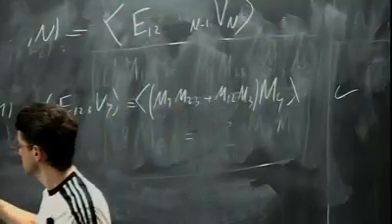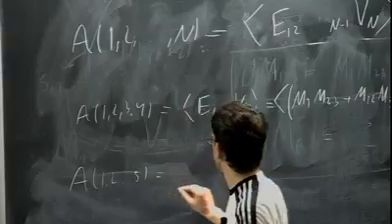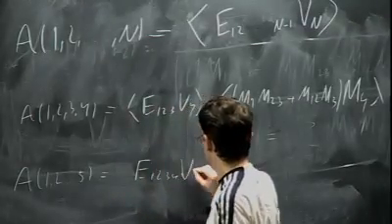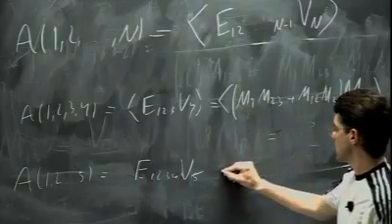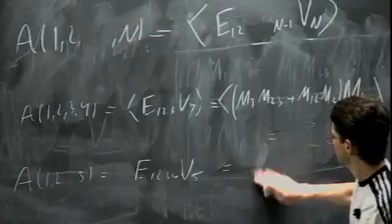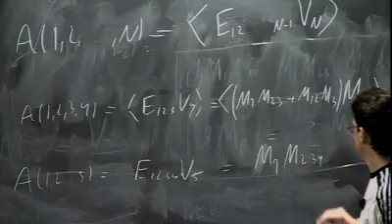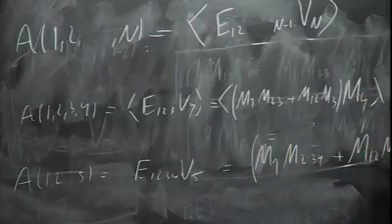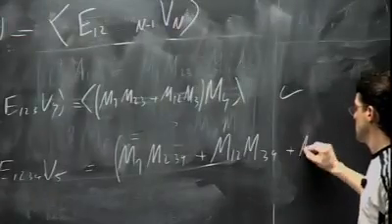Let's just see what happens for the 5-point amplitude. It's 1, 2, 3, 4, V5 with the pure spinor bracket, but it's M1, M2, 3, 4 plus M1, 2. I'm just deconcatenating the word.